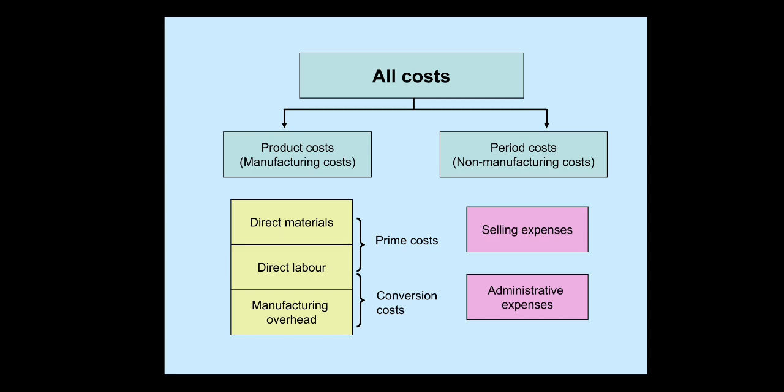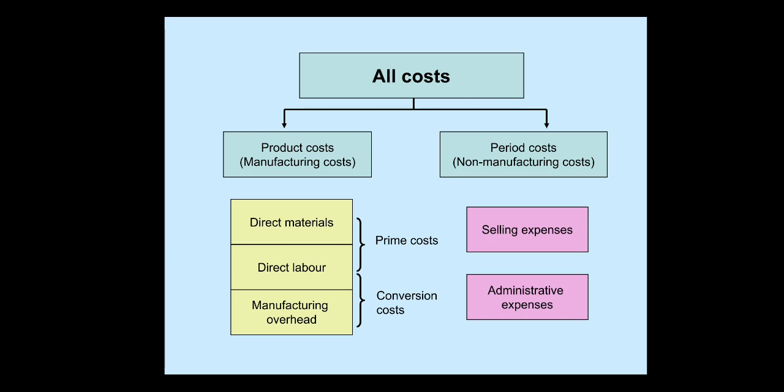Why are direct material cost plus direct labor cost called prime cost? Because most of the time, the biggest cost that a business has to pay in the production process is the cost of direct material and the cost of labor.